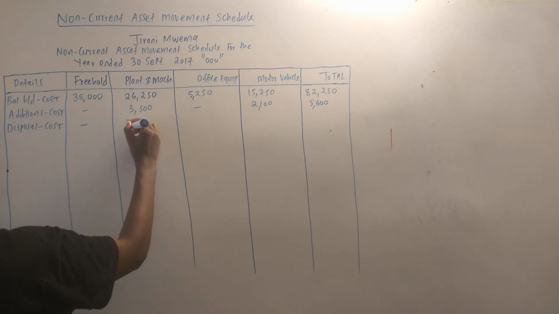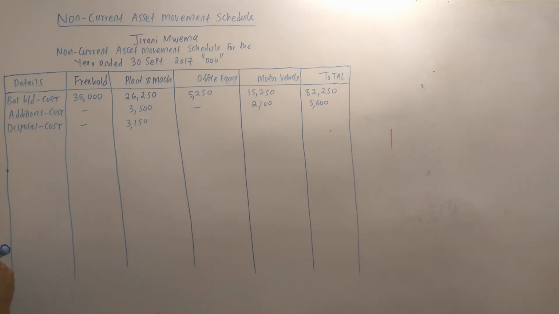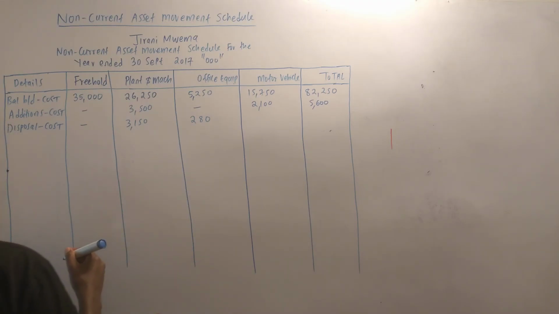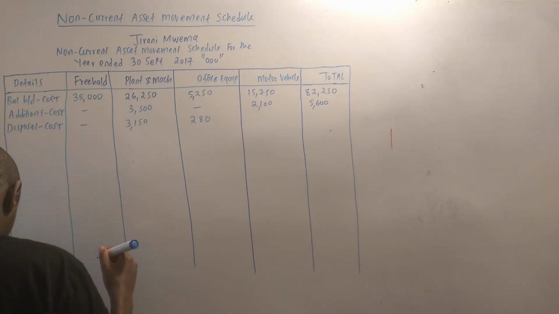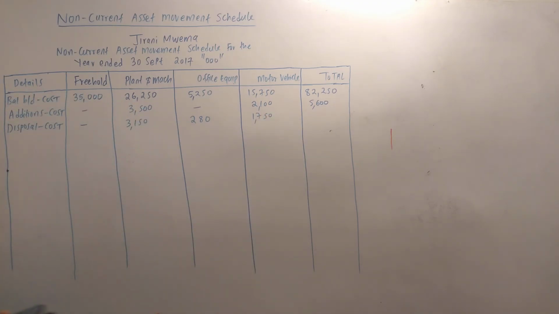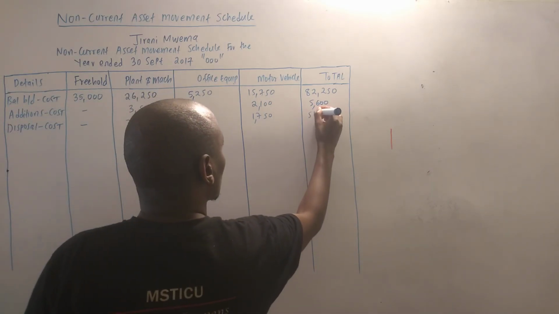Then we have office equipment, by 1st January 2017, 280. Then we have motor vehicle, 1,750. Then you insert the total, which is 3,150 plus 280 plus 1,750. That is 5,180.